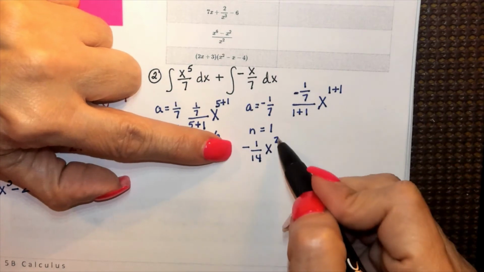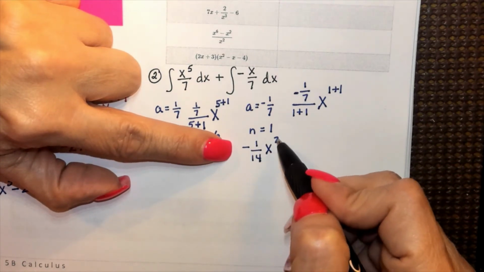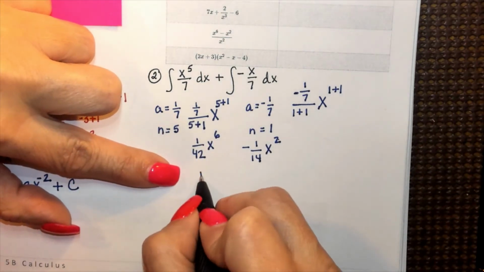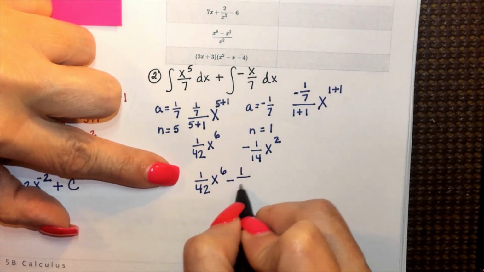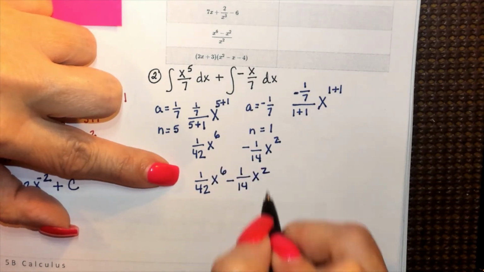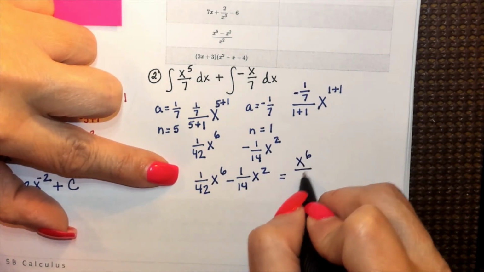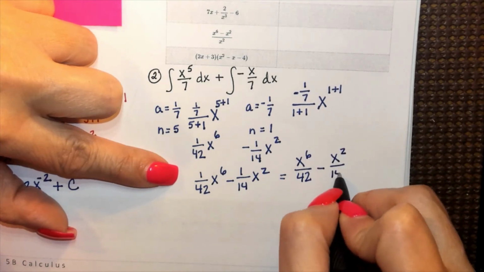If I took the derivative, 2 times this would be negative 1 over 7 x to the first power, which is what I got. So when I integrate, I would get 1 over 42 x to the 6 minus 1 over 14 x squared. I might want to write that as x to the 6 over 42 minus x squared over 14.